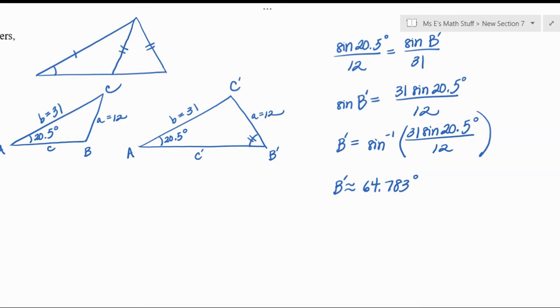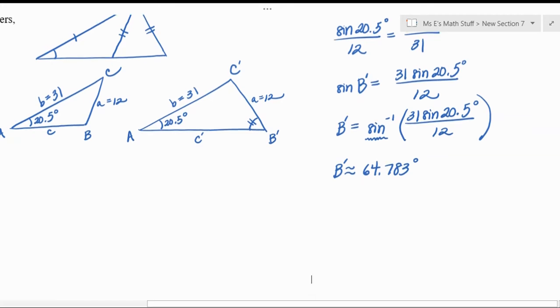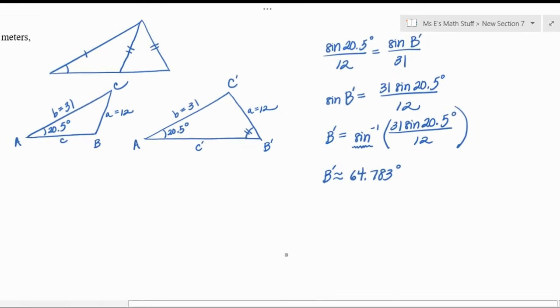So there you go. And now let's talk about why we aren't solving for the triangle on the left, because honestly, that's the picture I was looking at when I set this whole thing up. But remember, see how right here we took the arcsine. Arcsine has a range restriction. It cannot go past pi over 2 radians, aka 90 degrees. And because of that, you will always be solving for the acute triangle first in a situation like this.